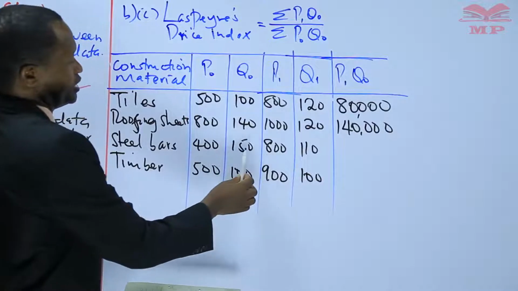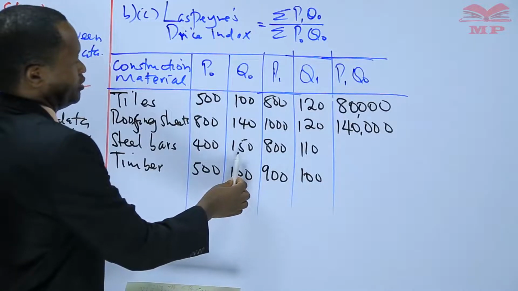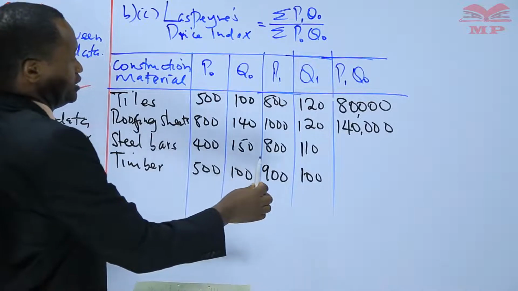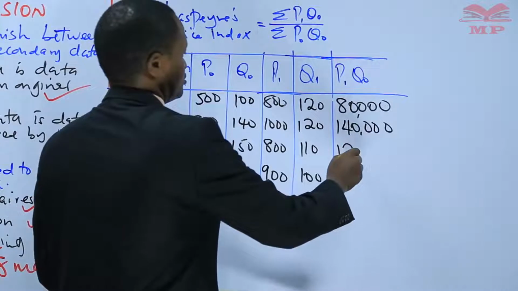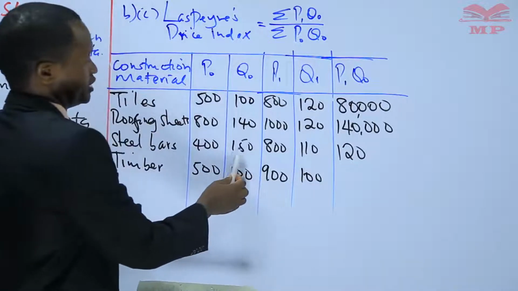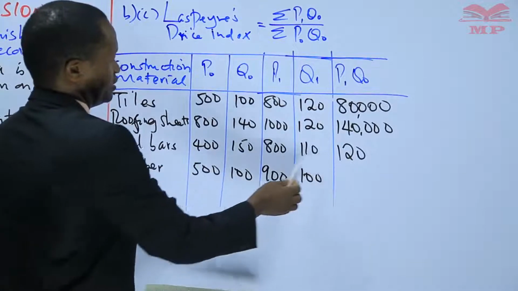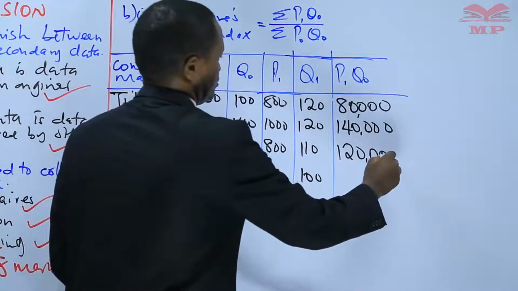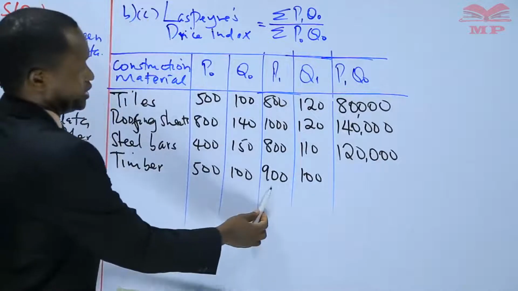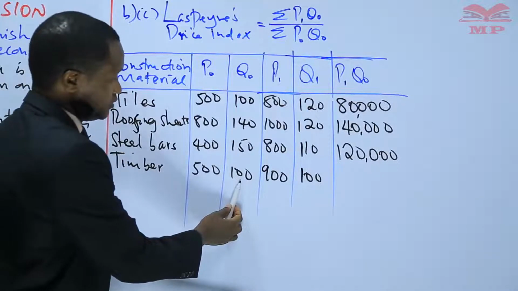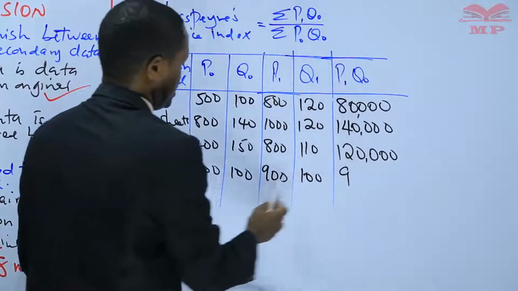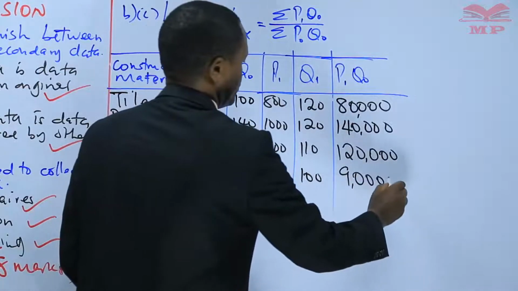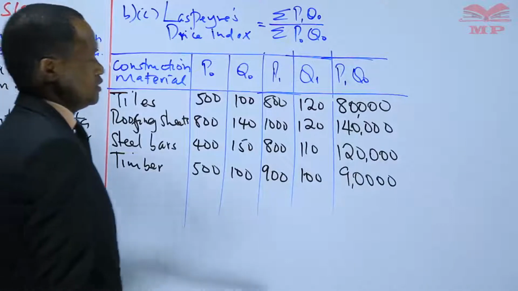Then 800 times 150 gives me 120, because 15 times 8 is 120, and 3 zeros. Then 900 times 100, you can see here 9, and 4 zeros.